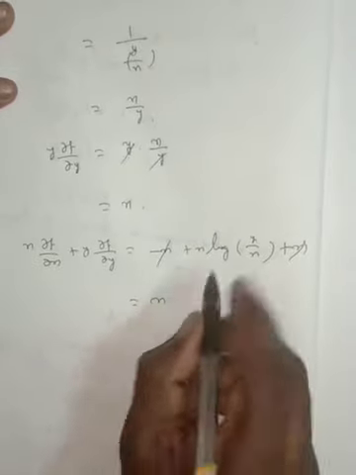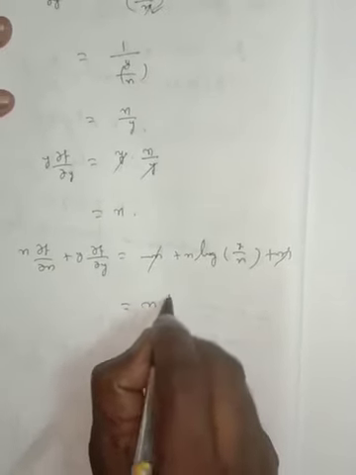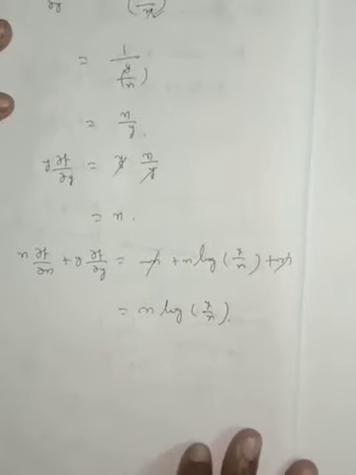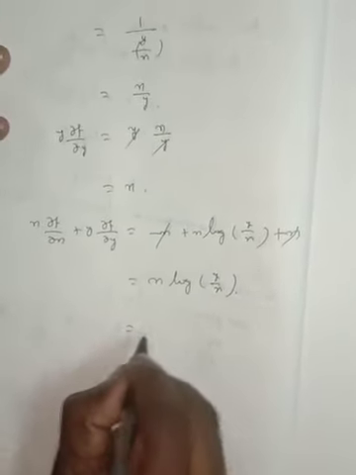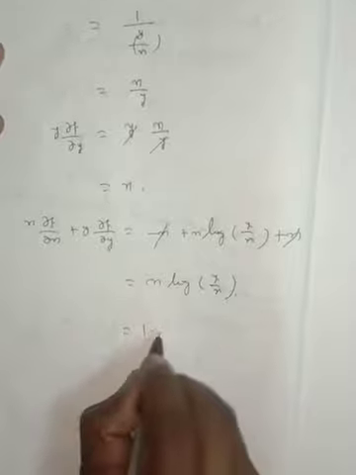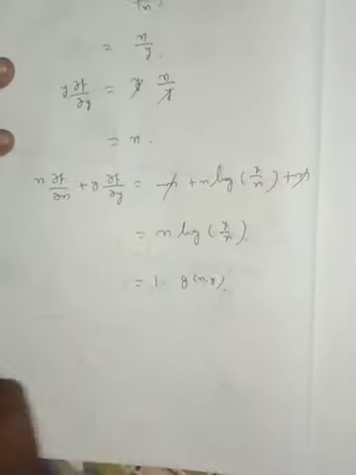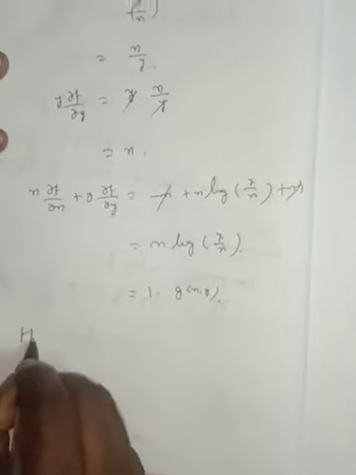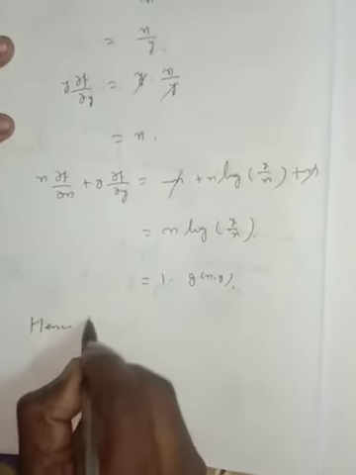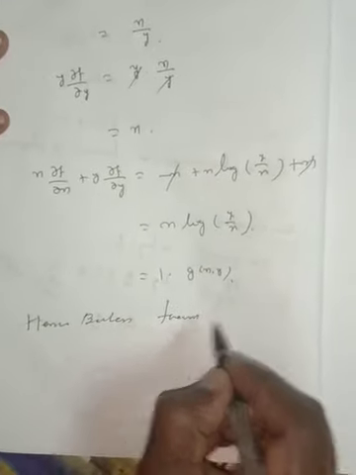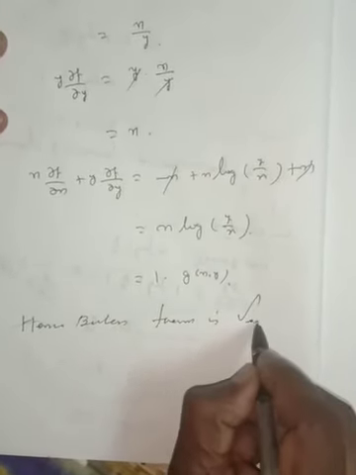We get x log y by x, which is 1 into g of x comma y. Hence Euler's theorem is verified.